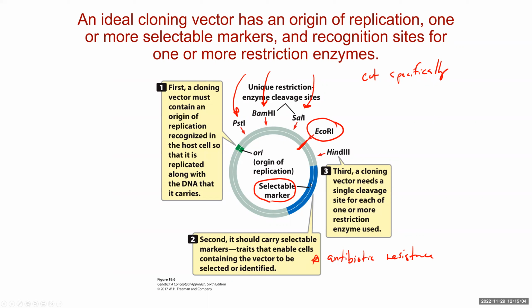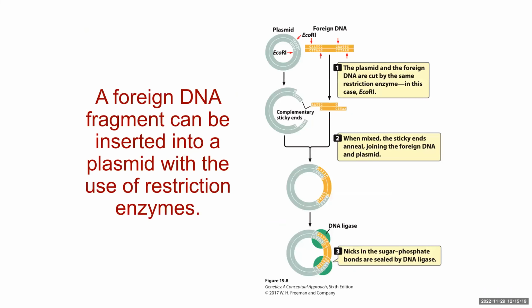Once you have a vector like this, of which there are several you can choose depending on what you want to do, you need to put your foreign DNA into the vector. You're going to make your foreign DNA using PCR. So you go to the organism that you want to get the gene from. You use PCR to amplify a piece of DNA from that organism that you want to insert.